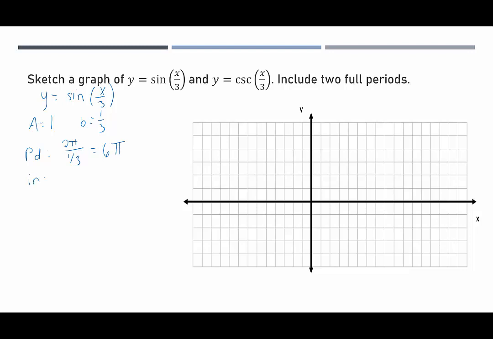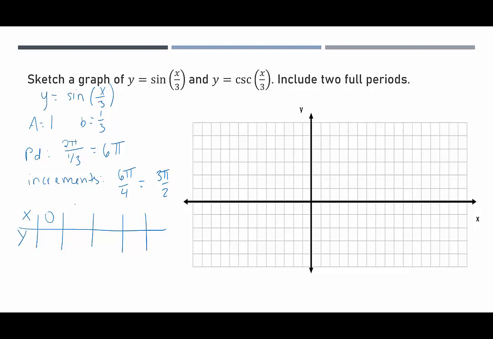The increments that we'll use to set up our table, we'll take the period and we'll divide it by 4. 6 pi divided by 4 is 3 pi over 2. So the increments we want to count by are 3 pi over 2's. Let's create a table of values for our sine function. We're going to start at 0 since there was no horizontal shift.